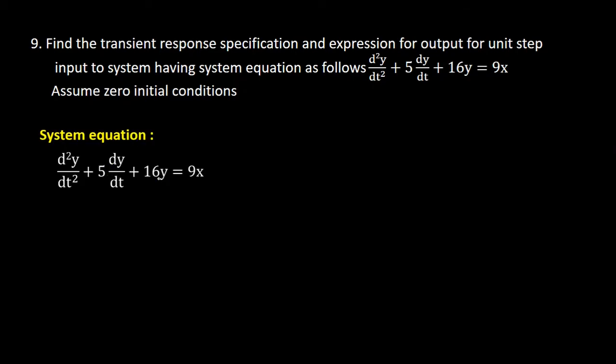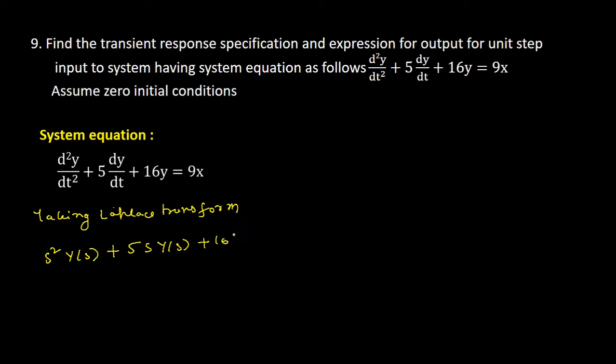So the given system equation is d square y by dt square plus 5 dy by dt plus 16y is equal to 9x. First we take Laplace transform of this equation. We will get s square Y(s), plus 5s Y(s), plus 16 Y(s) is equal to 9 X(s).